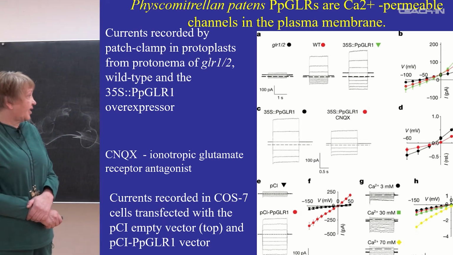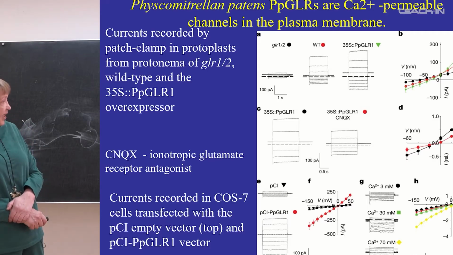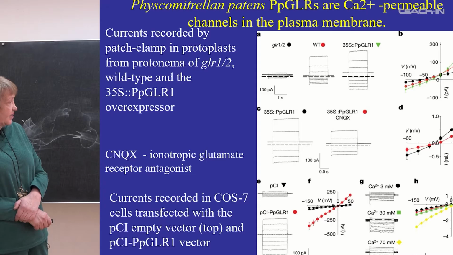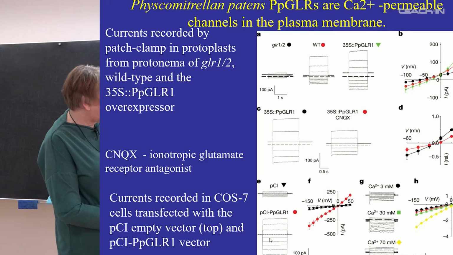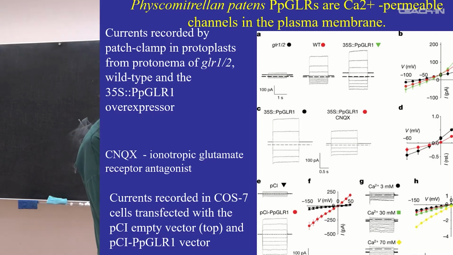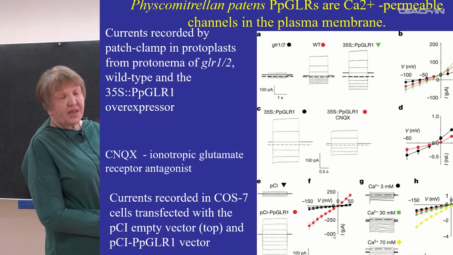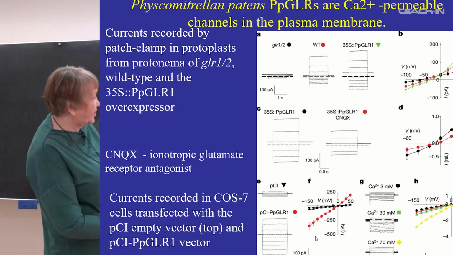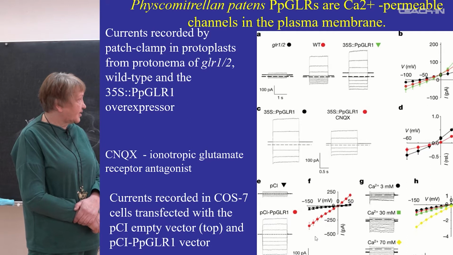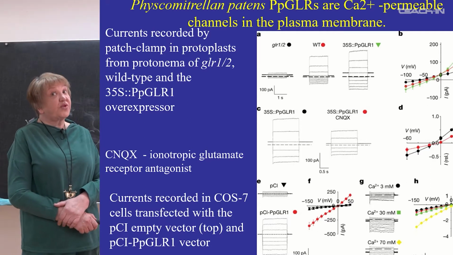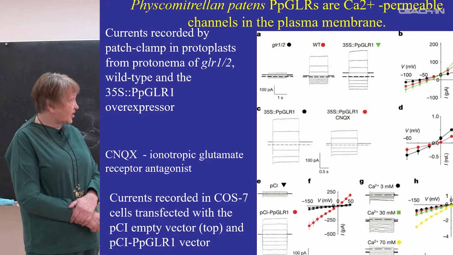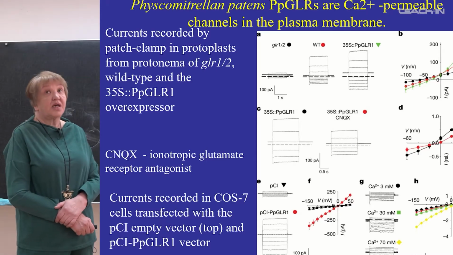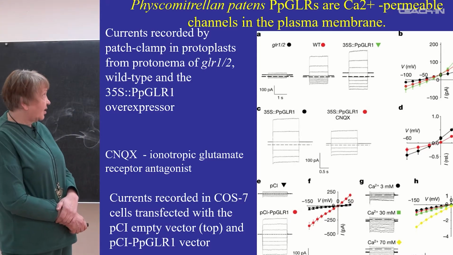And finally they transfected COS cells with the empty vector and vector expressing this channel, and only in the cells transfected with the receptor there are currents. And to show you that calcium is conducted by these currents, they increased calcium concentration, and increase of calcium concentration caused increase in currents.